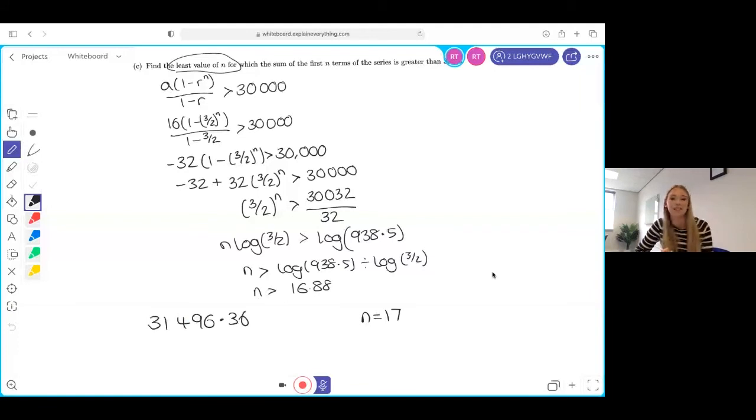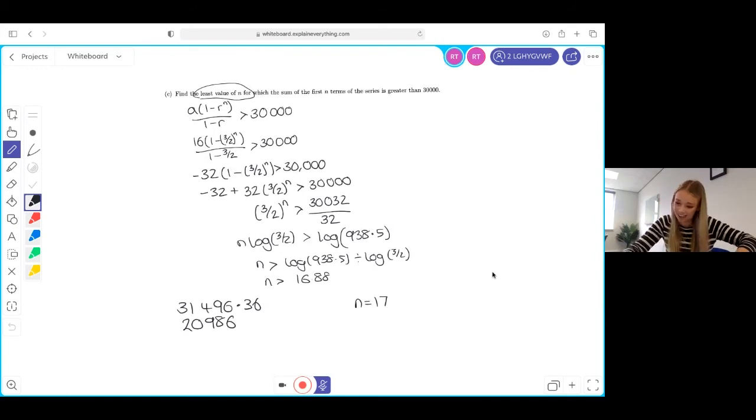That was my sum of the first 17 terms. If I just calculate the sum of the first 16 terms, it's a lot lower, 20,986, somewhere around there. So when n is 17, that's our first value when the sum goes greater than 30,000. That was probably my worst question up to there.